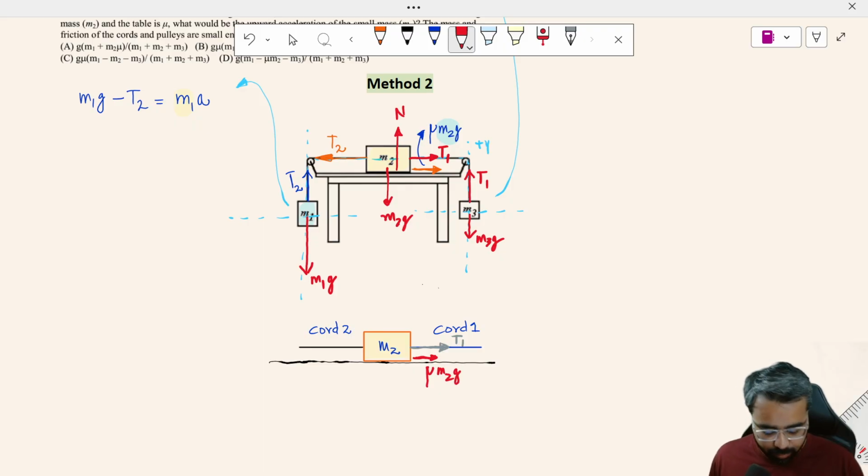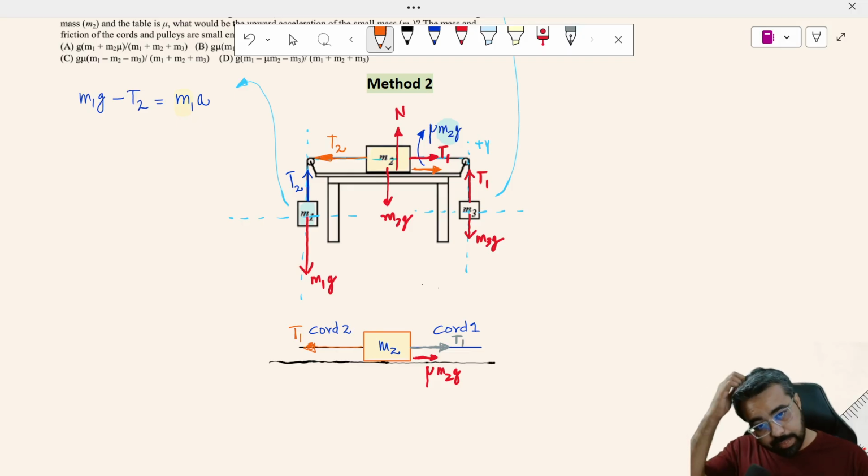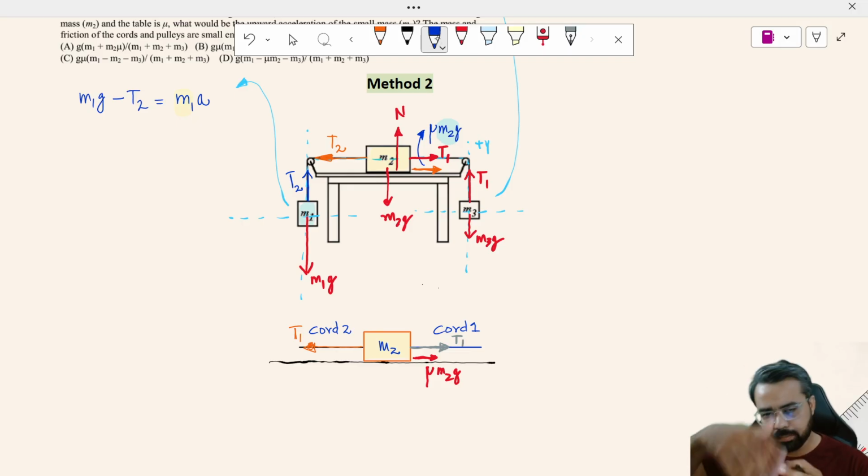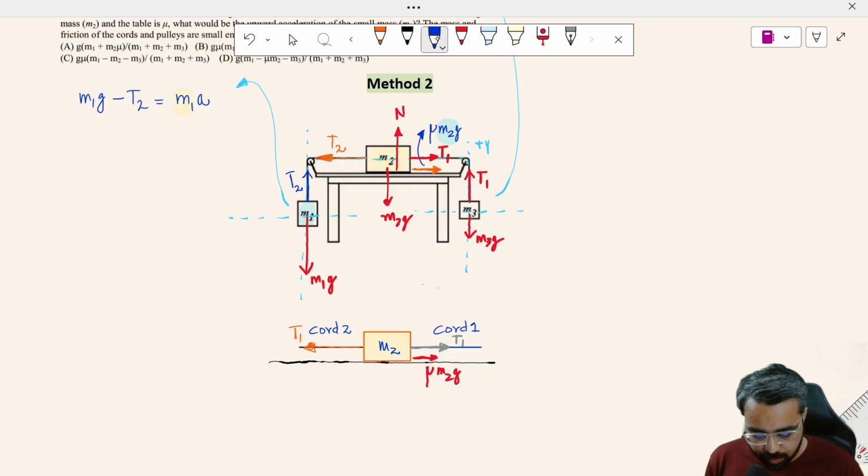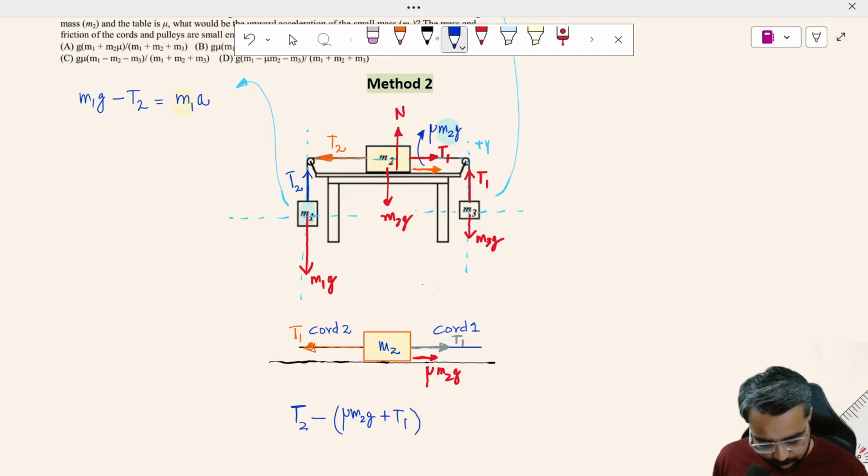This is the direction of the tension T1. I have not shown you the vertical forces, so you can make the equation from this diagram: the larger force minus the sum of the smaller forces, which is T2, is equal to m2a. I hope you understand this.